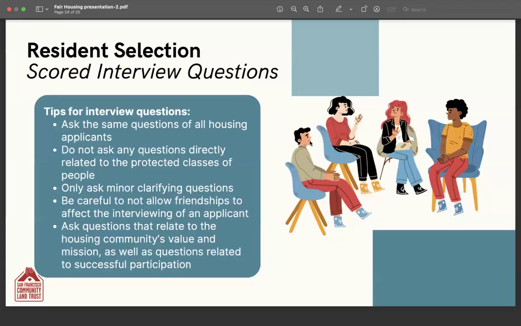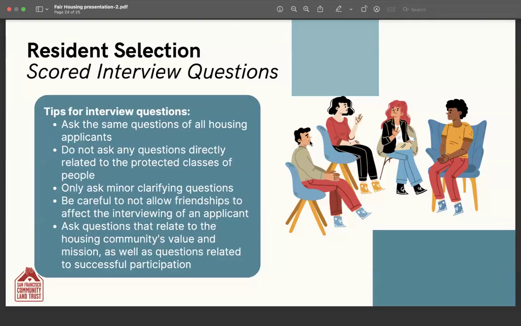This is a really involved process. Again, it can be really fraught with possible discrimination, but these best practices around affirmative marketing plans and then also scored interview questions have been reviewed by fair housing lawyers and really help to eliminate as much bias and discrimination as possible when it comes to housing selection.